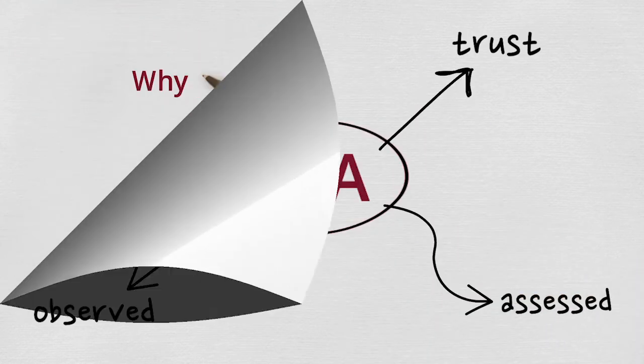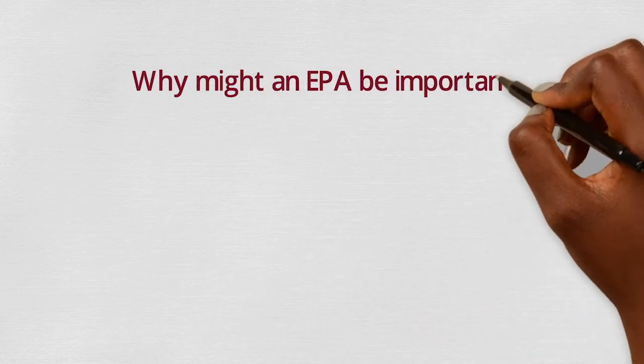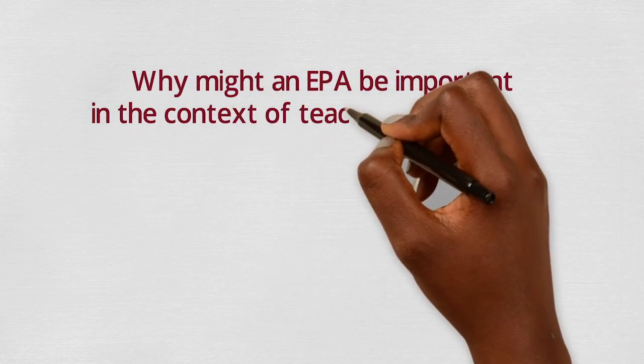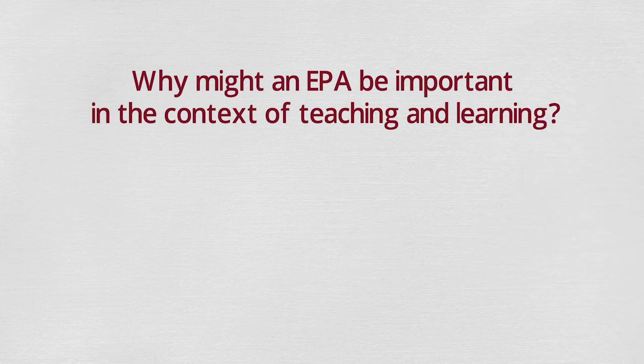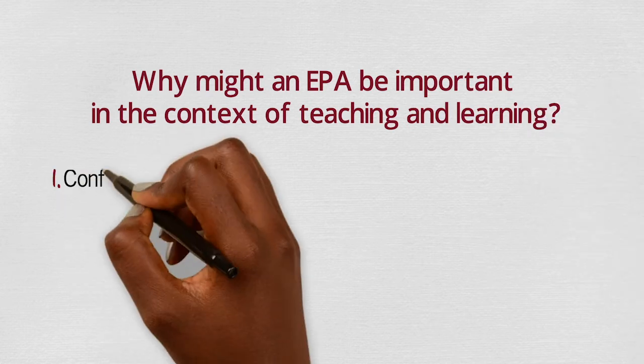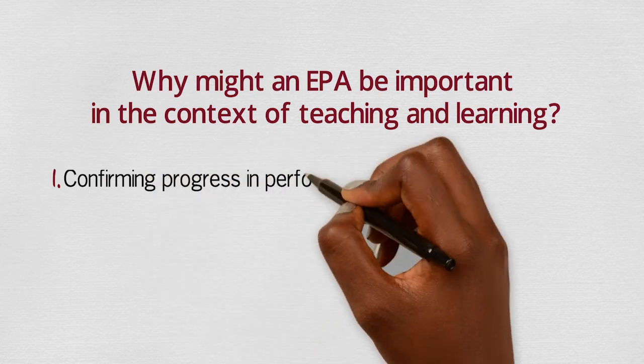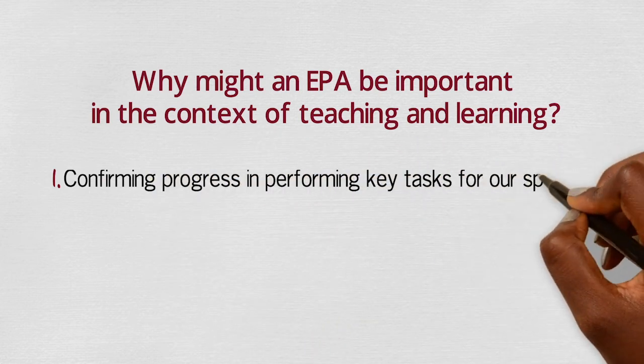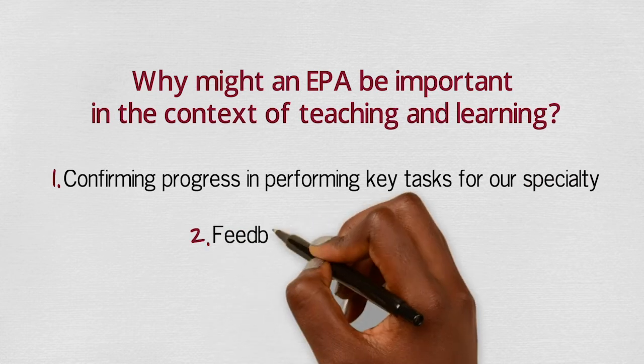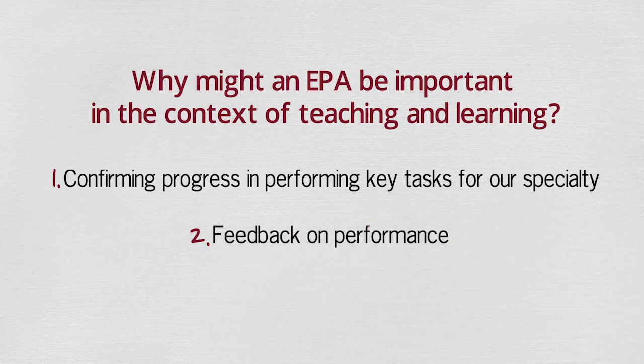Why might an EPA be important in the context of teaching and learning? There are 2 reasons. 1, confirming progress in performing key tasks of our specialty, and 2, for feedback. First, let's talk about confirming a resident's progress.